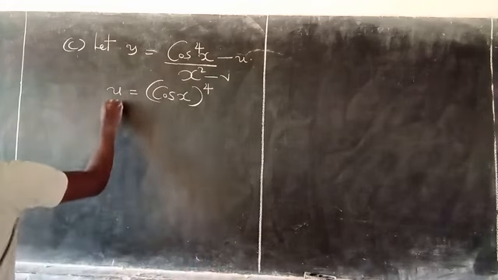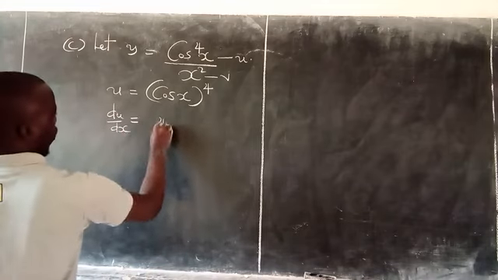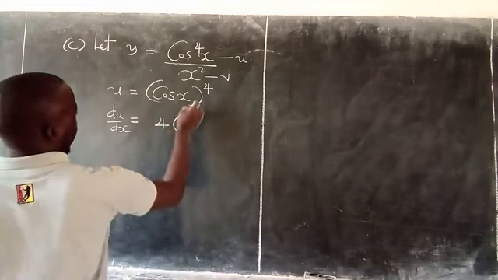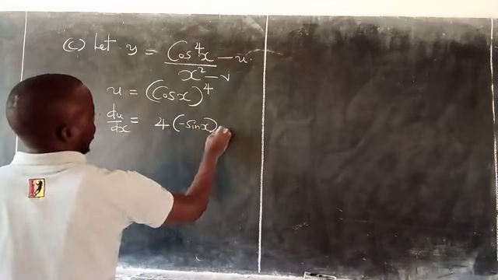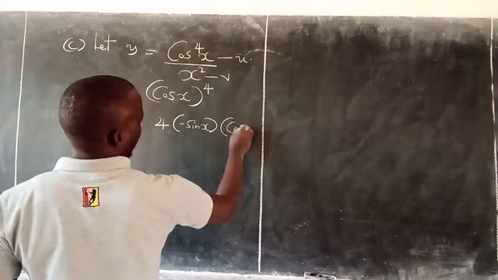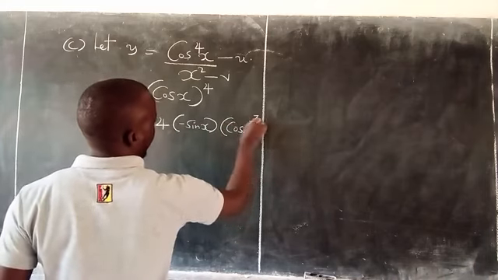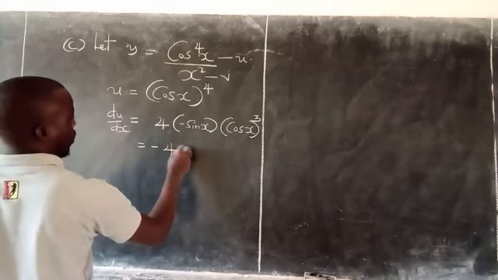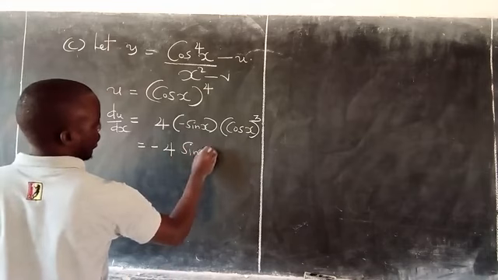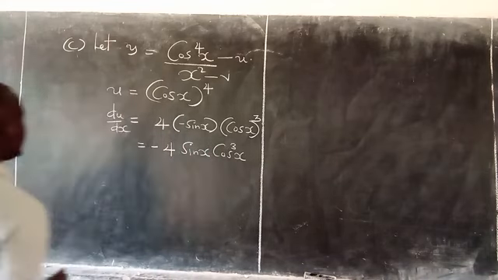So it means du/dx comes to 4. When I differentiate cos x, I will get minus sine x. Then I write back the same bracket, cos of x, but of course I reduce the power by 1. So the answer comes to minus 4 sine x cos cubed of x.